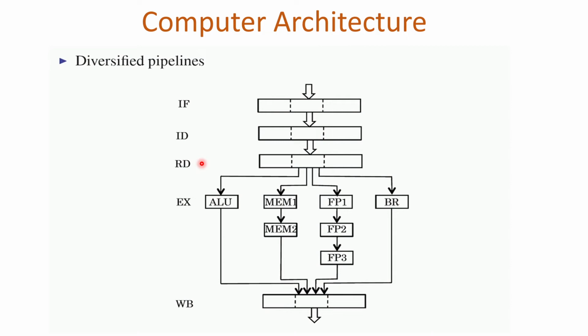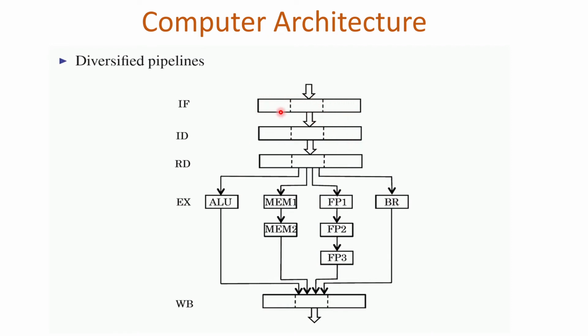The instruction types actually differ with respect to their execution. That is why, from the instruction fetch up to the read data phase, the stages are drawn in this way.